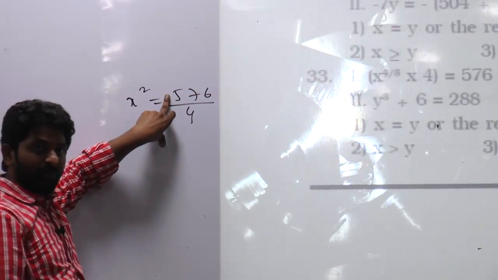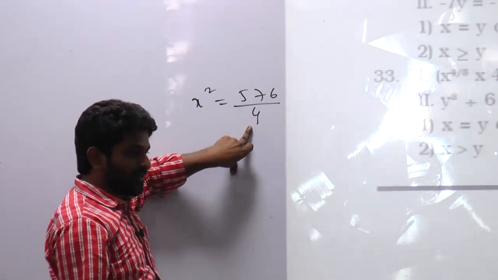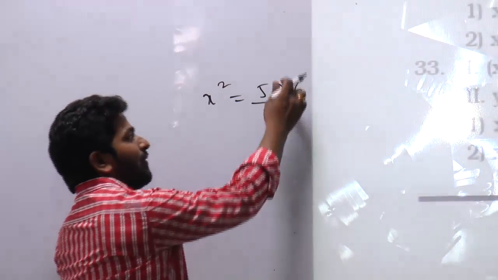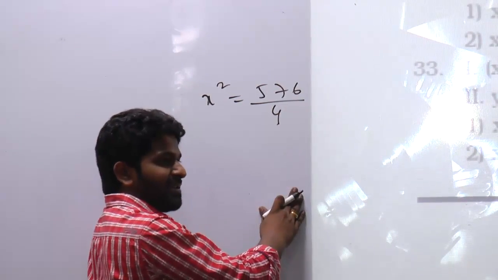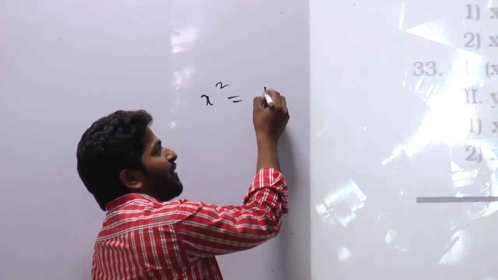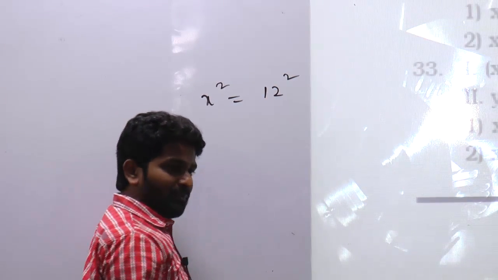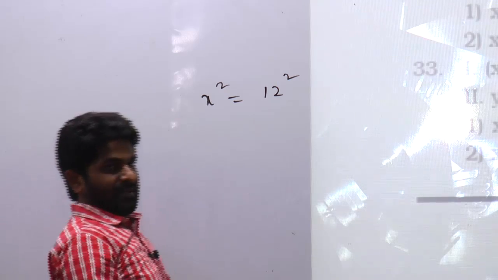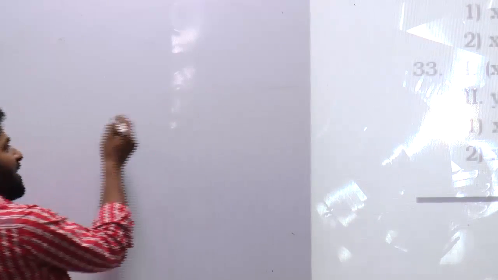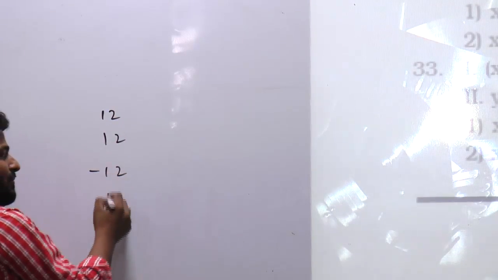This is 24 square and this is 2 square. So now 24 by 2 whole square, in the sense 12 square. So if x square is equal to 12 square, x is equal to plus or minus. So x value 12, minus 12.